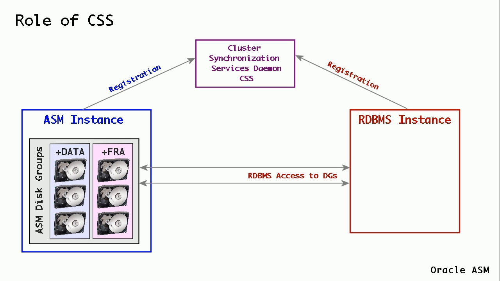Cluster synchronization services plays a critical role in Oracle Real Application Clusters environment. If a database instance crashes, CSS makes sure that all file input-output processes from crashed instance have exited before surviving database instances can perform any recovery. CSS fences off the crashed instance to avoid any data corruption from crashed instance.